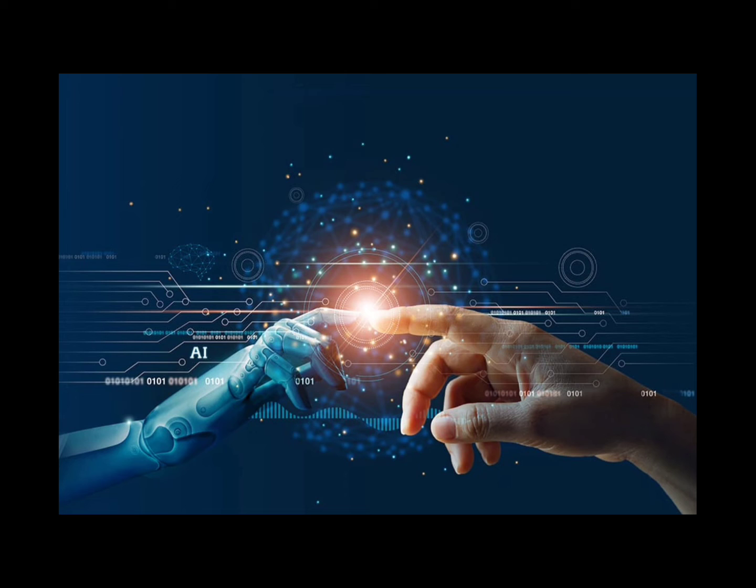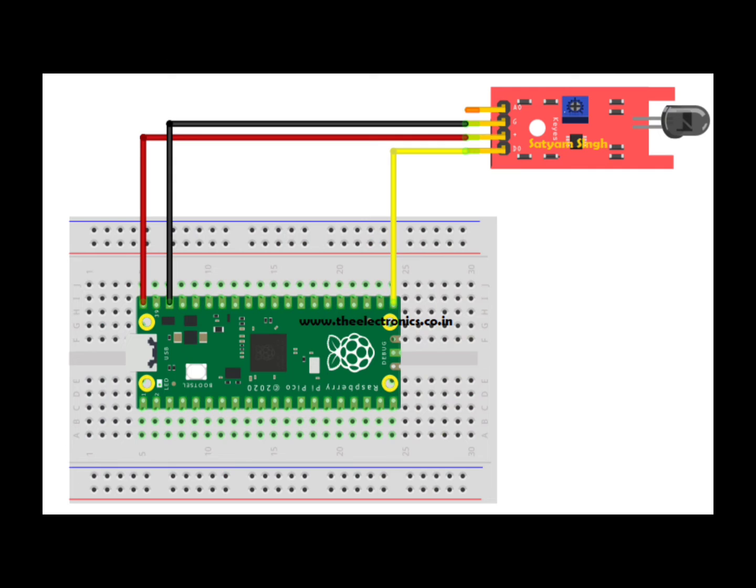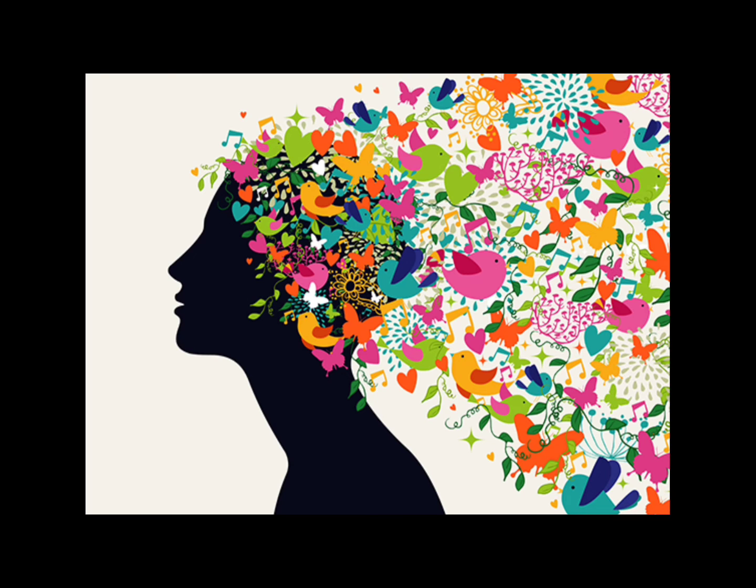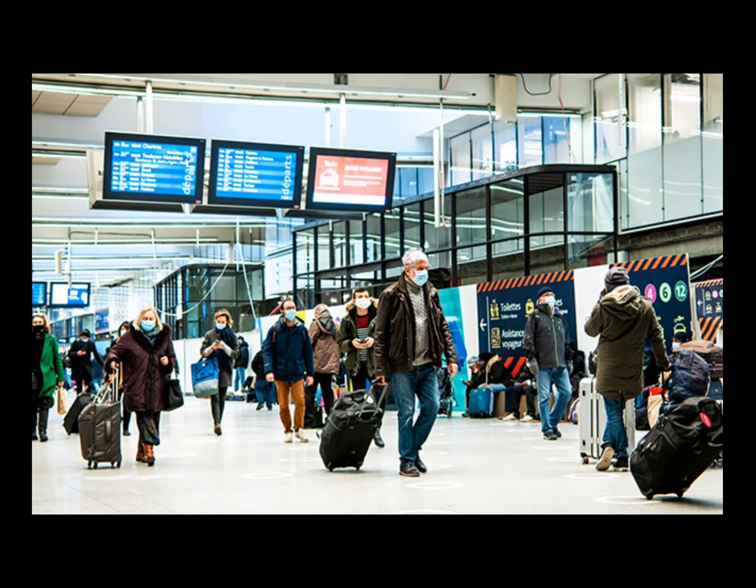Now you have understood the working of this system, and now let's go on to the uses of it. You can use IoT systems everywhere, you just need to be creative and think. According to me, we can use IR sensors in automatic door opening systems. You might have seen automatic doors in shopping malls and airports.